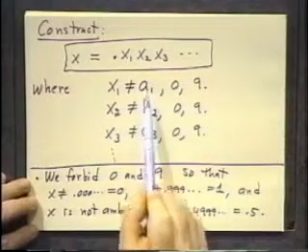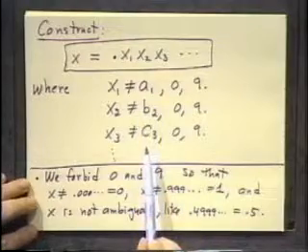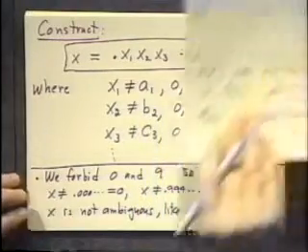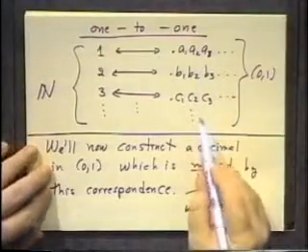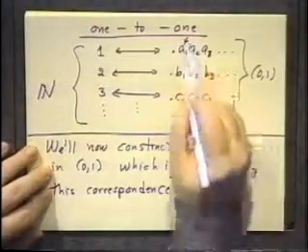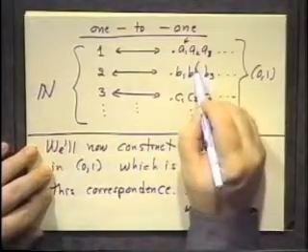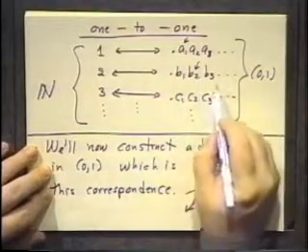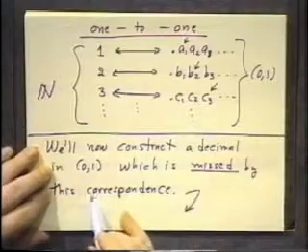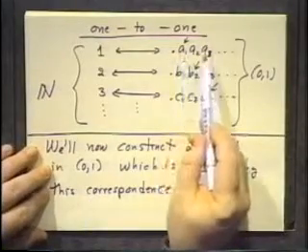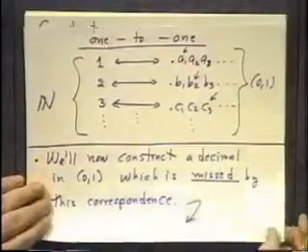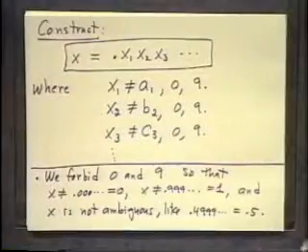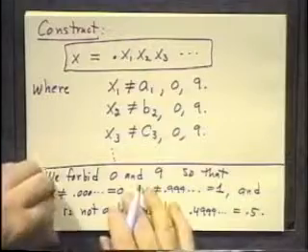Now, why did I not make them equal to A1, B2, and C3? Well, look back here. Remember that these were the first three in my particular listing here. I'm saying that x1 is not equal to A1, x2 is not equal to B2, x3 is not equal to C3. So that's going to make x different from this one, and this one, because it differs in at least one decimal place. So let's see what sort of conclusion we can draw from that. Let me write down what I've got.